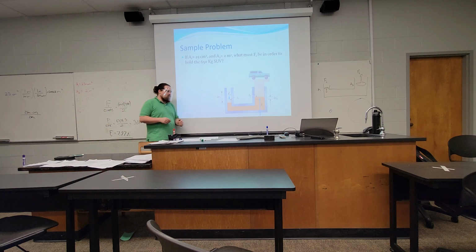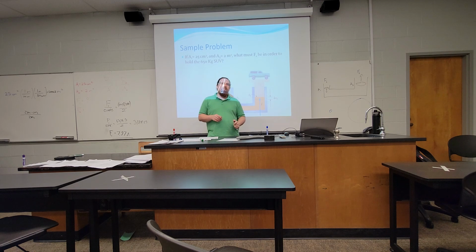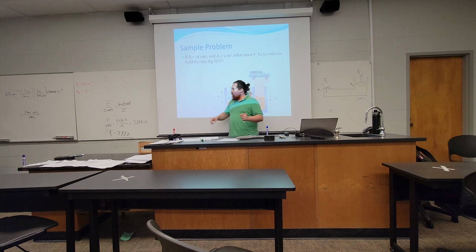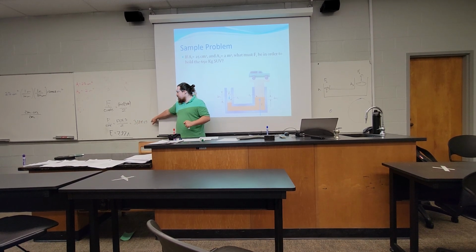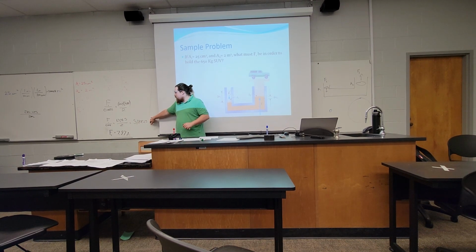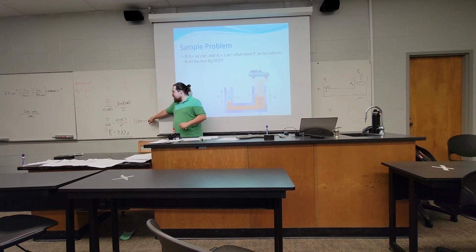Okay. Wait, hold on. How did you get 7.97 again? So my first step, multiply 650 by 9.81. That gave me 6,376.5. That is then divided by 2, which gave me 3,188.25.